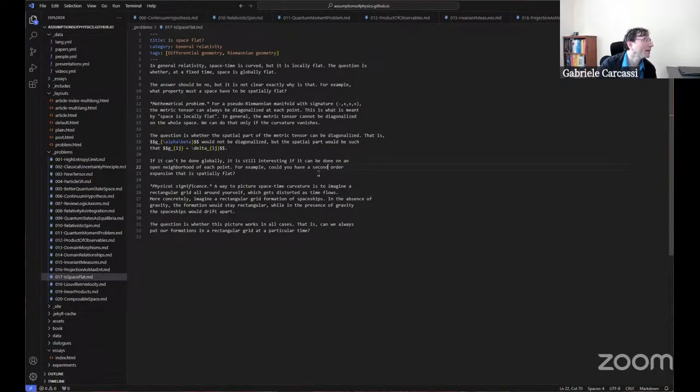So can you add a link to the paper here as a preliminary? Yes, I need to find the paper. I'll look for it. It was actually a very interesting paper. It was asking a different question. It was asking about gravitational waves, and I think the conclusion was that you have gravitational waves that are space-space, that you don't just have gravitational waves that appear in the space-time part.